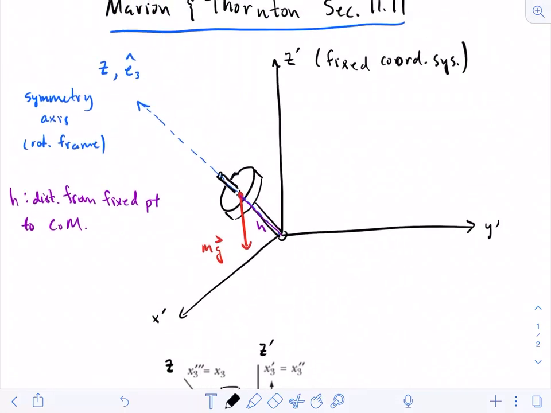And so that means that this angle here is the angle theta. Okay, and if we extend back to the z prime axis of the fixed coordinate system, the height of the center of mass above the x prime y prime plane is h times the cosine of theta.